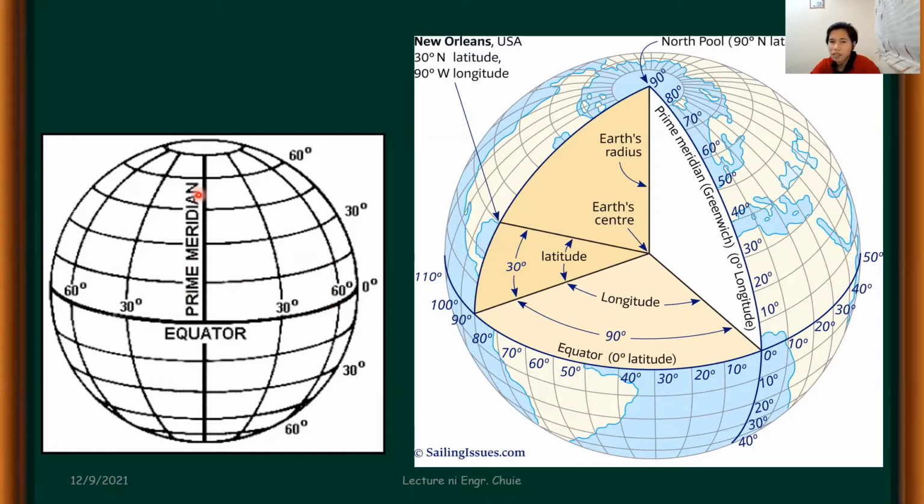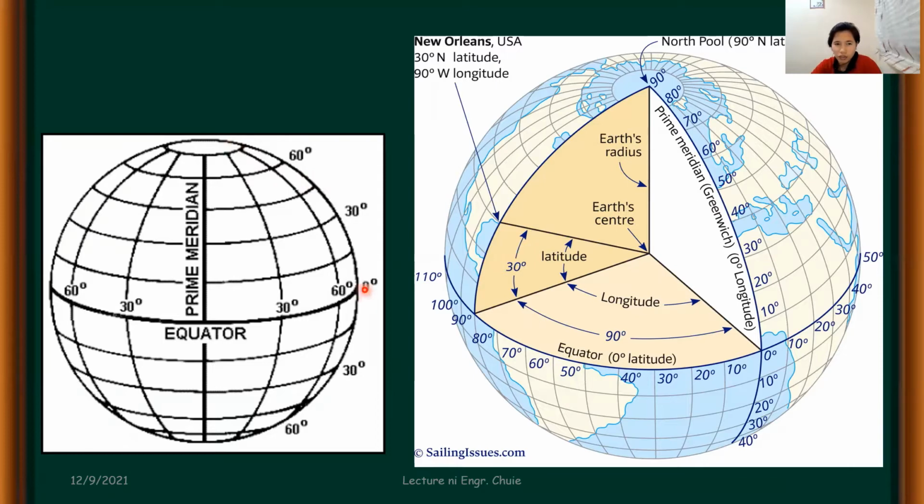Yung ating prime meridian naman is yung reference ng ating longitude. Kung yung equator is reference ng latitude, so for example, yung latitude sa equator, since nasa horizontal lang siya, is 0. So papataas ka, mag-i-increase yung latitude mo from 0, magiging 15, 30, 45, 60, and then 90 degrees at the North Pole.